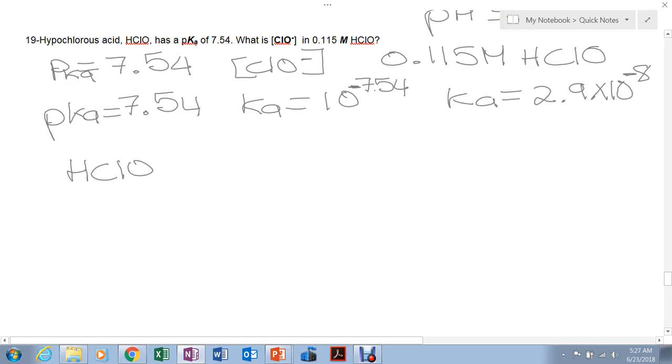Now when we get to dropping the x, forget about it. This is negative 8. And this is your problem because there's a lot of dropping x. A lot. There's only a few that we have to do the quadratic equation. H3O plus, Cl negative.